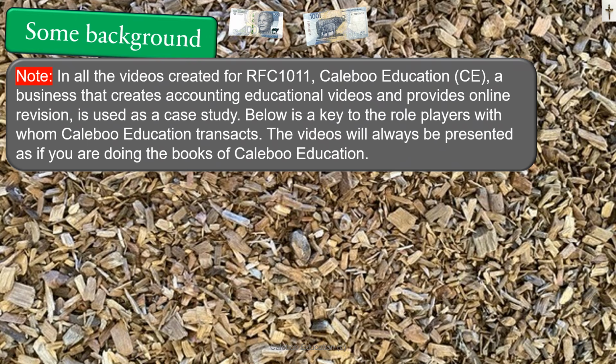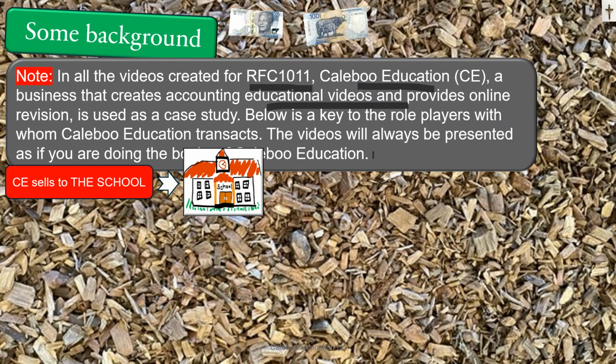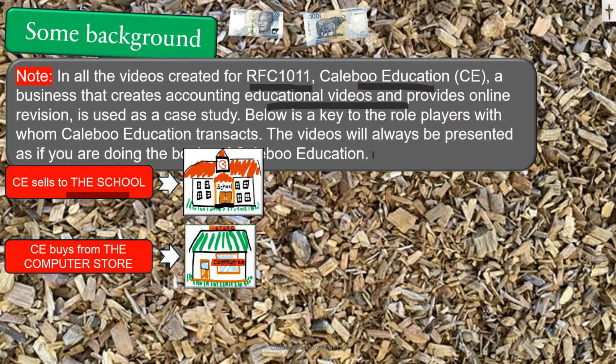Just some background. In all the videos that I create for RFC 1011, I use a case study, Calibre Education, which sells educational videos, and these are the following role players so you don't get confused. Calibre Education sells to the school. The school has an account with Calibre Education. Calibre Education buys from the computer store.